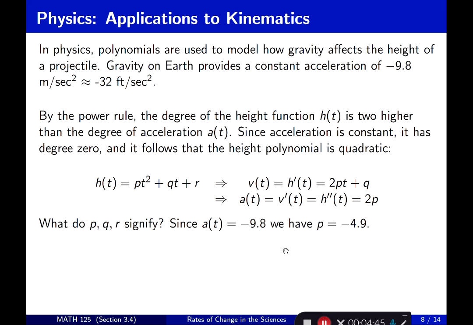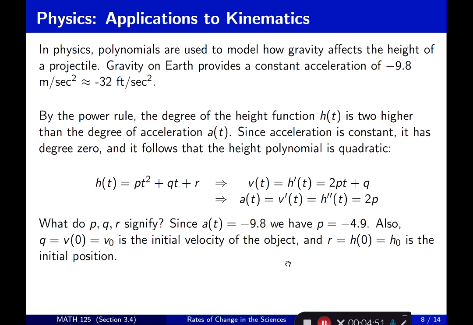And so that's the first thing done: p is going to be negative 4.9. Now, how about q and r? If you go back to the velocity function and plug in t equal to 0, you see that v of 0 is q.